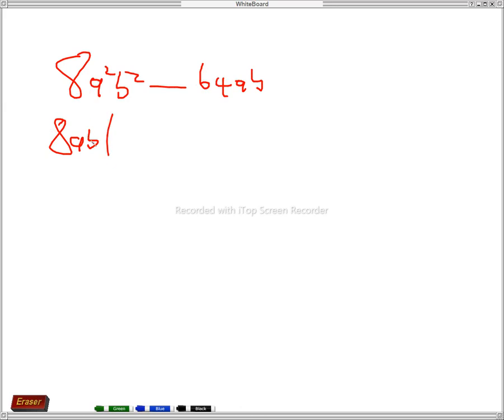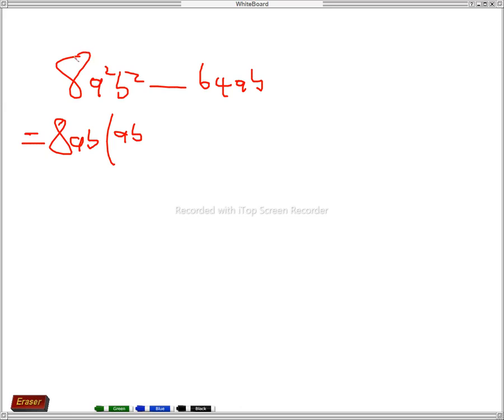Therefore if I divide 8a squared b squared by 8ab, I'm going to get ab, because the 8 is going to cancel with 8, b will cancel the other b, and a will cancel with the other a.